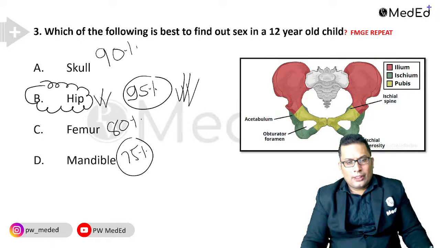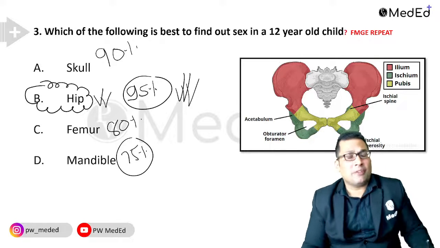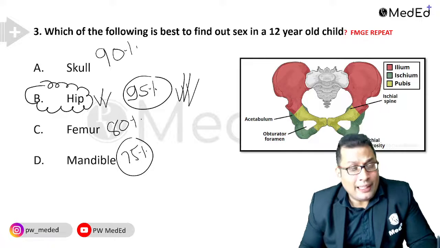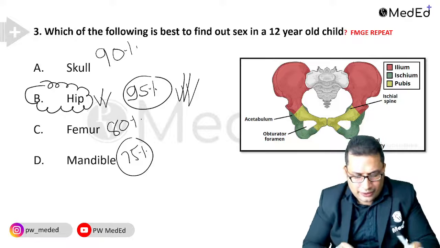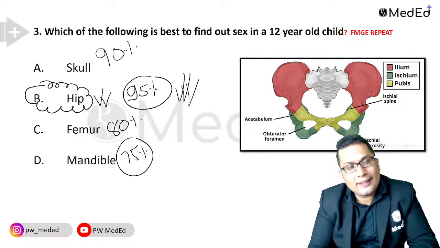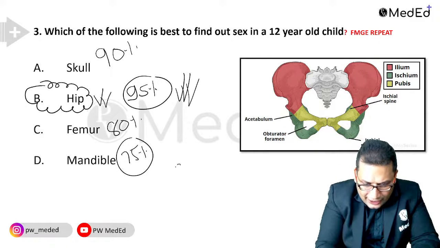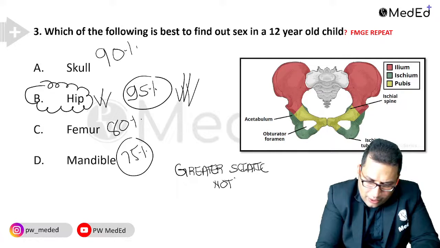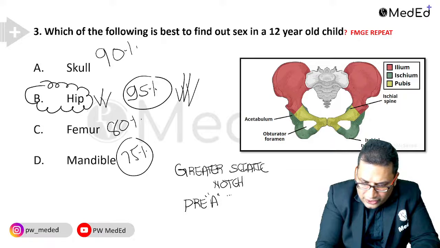Now let's see the differences between the male and female pelvis. Two important MCQs are asked. One is about the greater sciatic notch and the other is the preauricular sulcus.